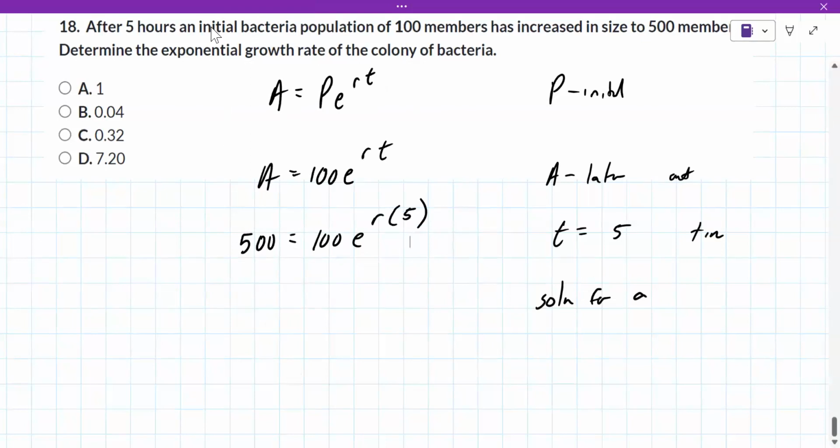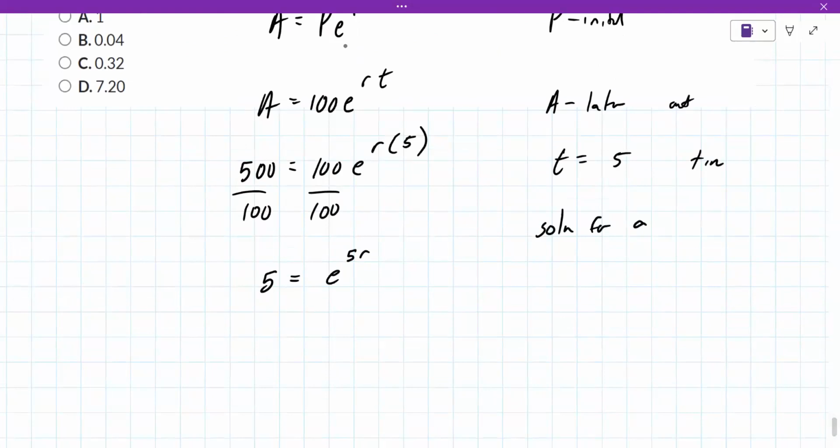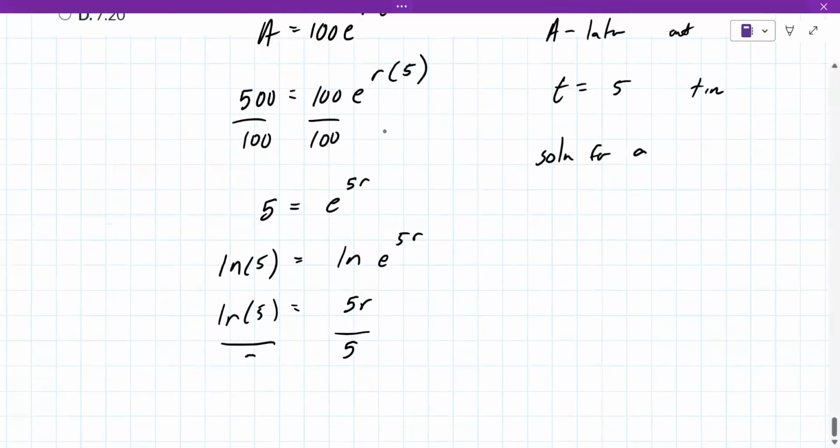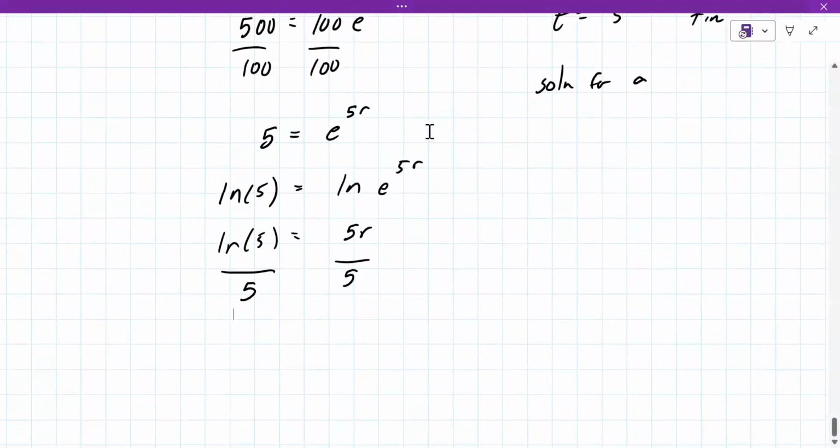So you still divide by 100, and you get 5 equals e to the 5r. You undo the e with natural log, so on the right it becomes 5r. And then you divide both sides by 5. So your r here is the natural log of 5 over 5.